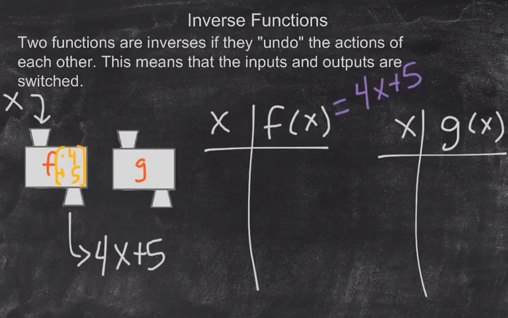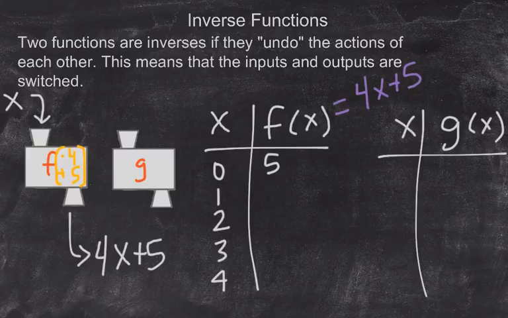And if I go and fill out a couple lines of my table, I've got 0 times 4 is 0, plus 5 is 5. 4 times 1 is 4, plus 5 is 9, 13, 17, and 21. And then my inverse function needs to do the opposite.